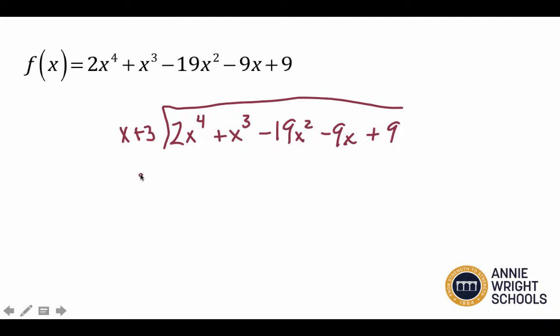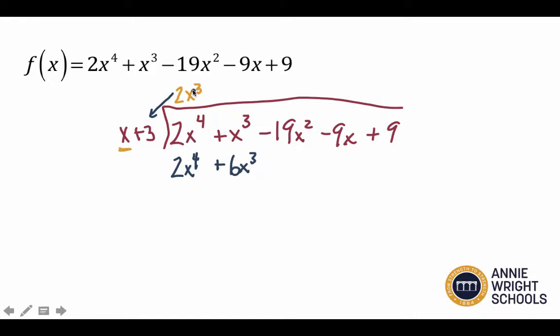All right, so we're going to start with x. What times x gives us a 2x to the 4th? What could I multiply x by to give me a 2x to the 4th? If you said 2x cubed, you're correct. And now we take this 2x cubed and we multiply by x plus 3. That would be 2x to the 4th plus 6x to the 3rd.